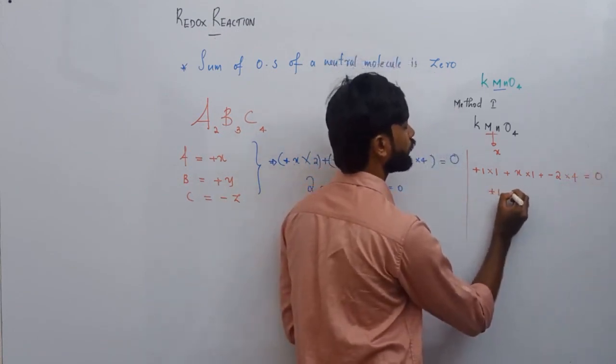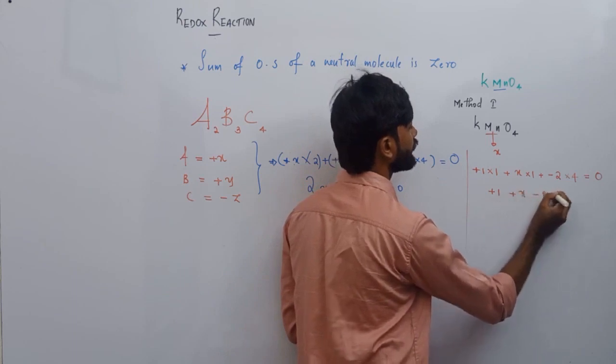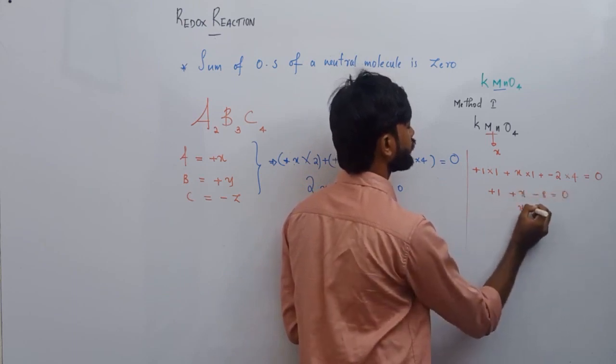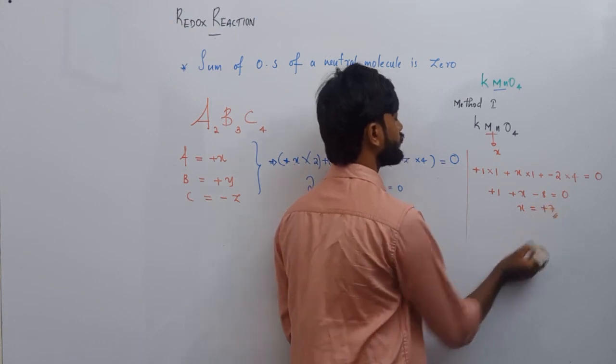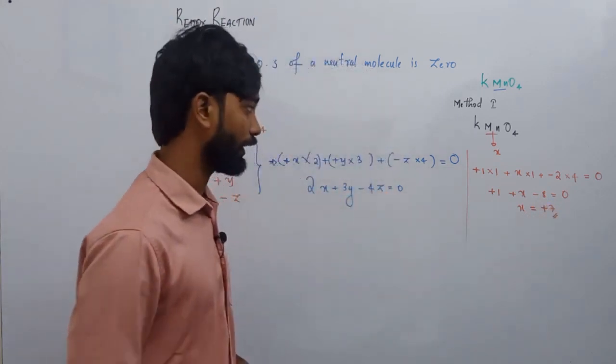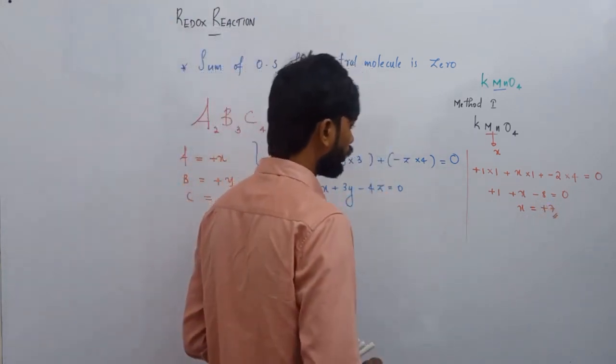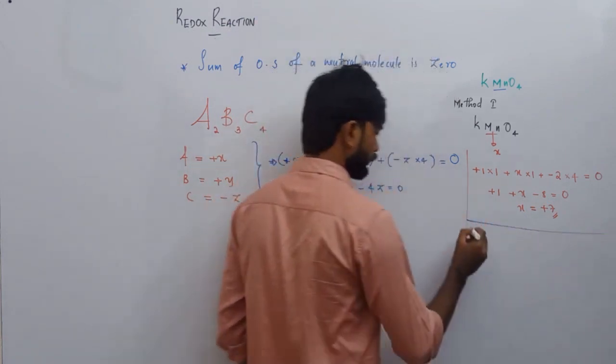So +1 plus x minus 8 equals 0, so x is equal to +7. This is the usual method for finding the oxidation state.